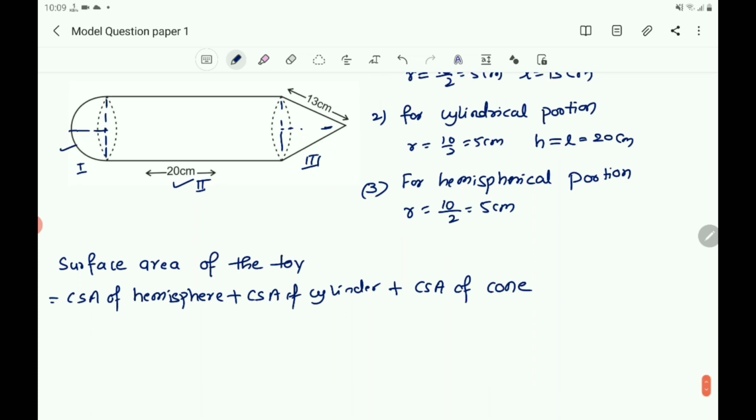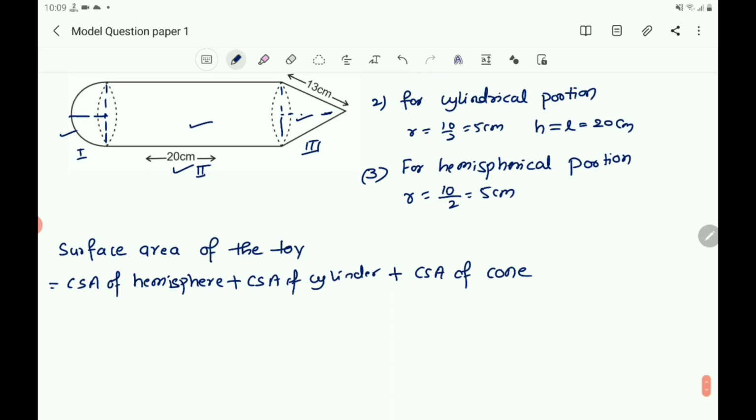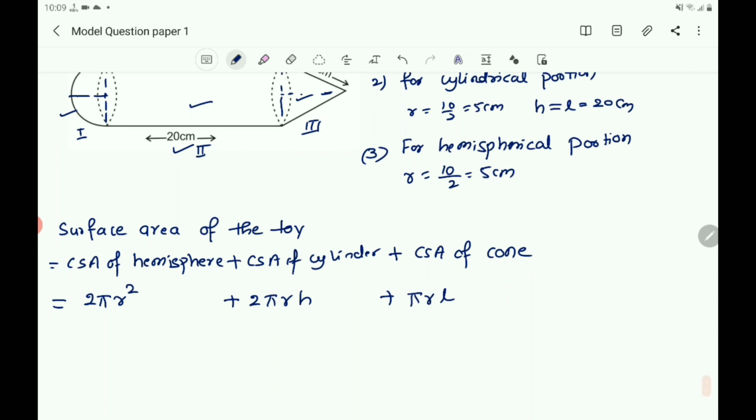First part hemispherical part, second part cylindrical part, third part conical part. Now you write the formula. CSA of hemisphere is 2 pi r square plus CSA of cylinder is 2 pi RH plus CSA of cone is pi RL.